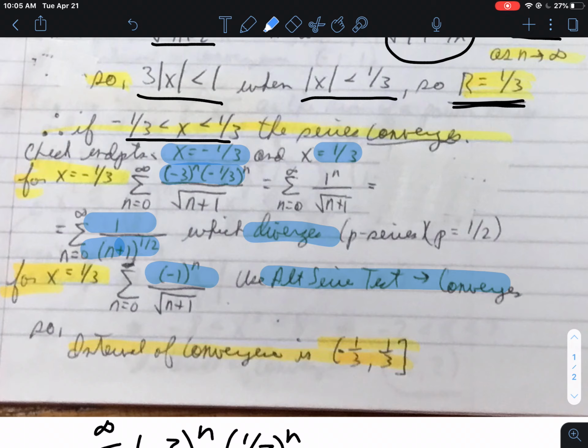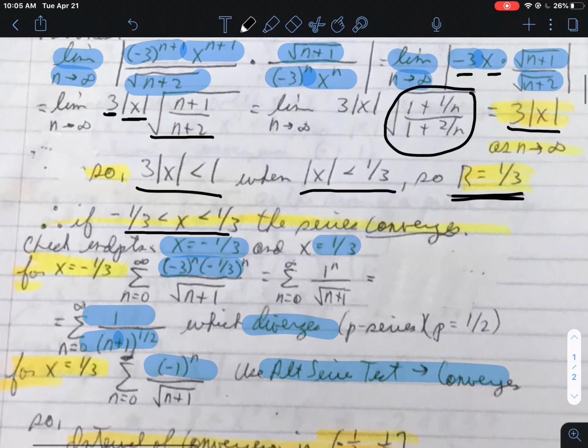And so our interval of convergence was negative 1/3 to 1/3. Right? That was our absolute value of x less than 1/3. And then we checked each of the endpoints and we showed that it was convergent if x is positive 1/3 and divergent if x is negative 1/3. So that would be our interval of convergence.